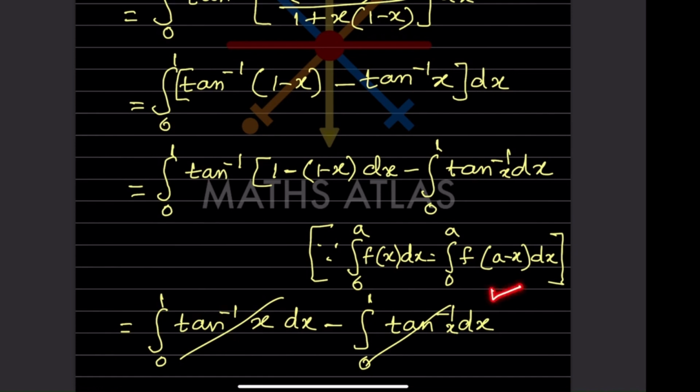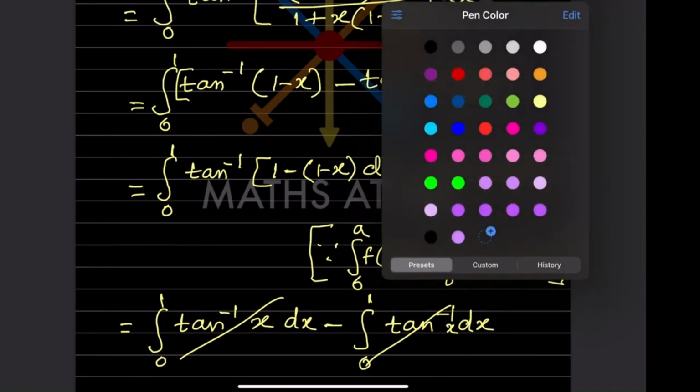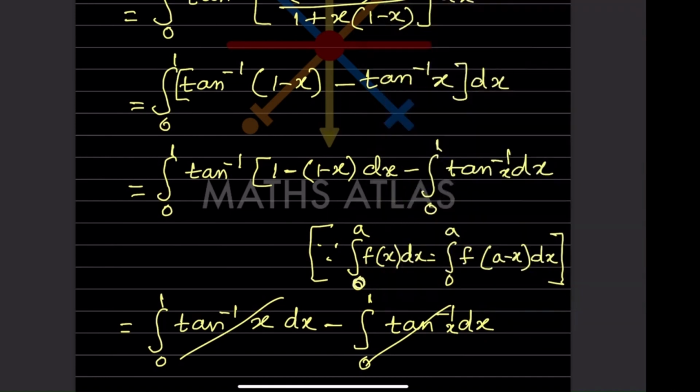Because we have the formula, whenever we write the integral from 0 to a of f of x dx, it is the integral from 0 to a of f of (a minus x) dx. So see here, we have rearranged this according to this formula.